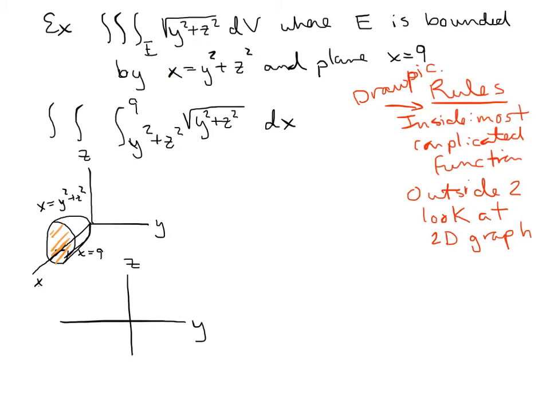If I draw this shape and squish it onto the yz plane, I get this circle. And to get this circle is what I would see if I squished that onto the xy plane. Now that was where x was equal to 9, and if x is equal to 9, then I have a circle of radius 3.